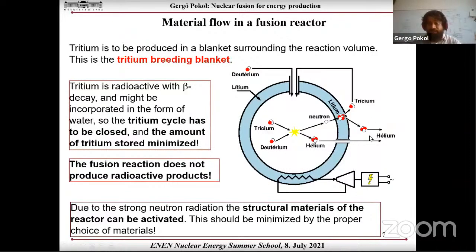All of you have seen helium-4 already. It's put in balloons and kids play with it, so it's completely harmless. Most of the energy is carried by the neutron, and by slowing down, it heats up the blanket, and we can use the heat from the blanket to produce energy.